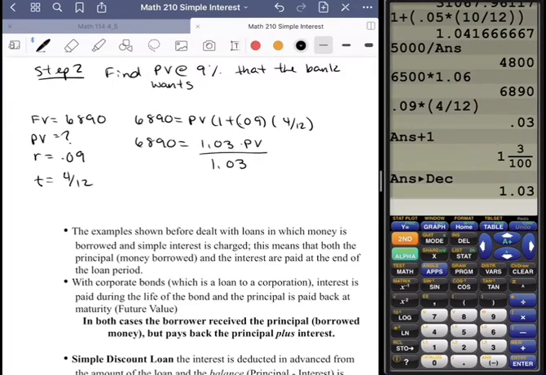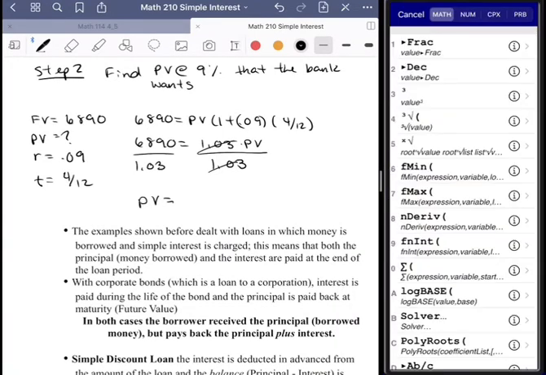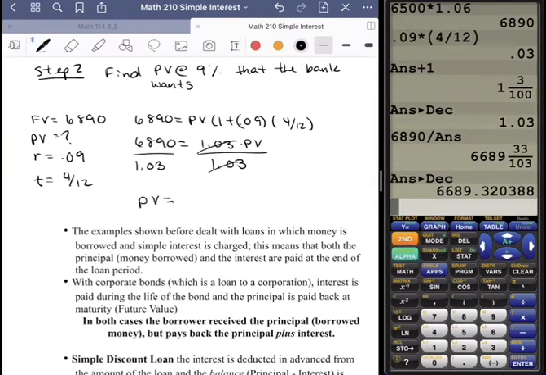Divide by 1.03 on both sides. So present value equals 6,890 divided by my previous answer. Two decimals, because that's how our money system works. So this is $6,689 with 32 cents.